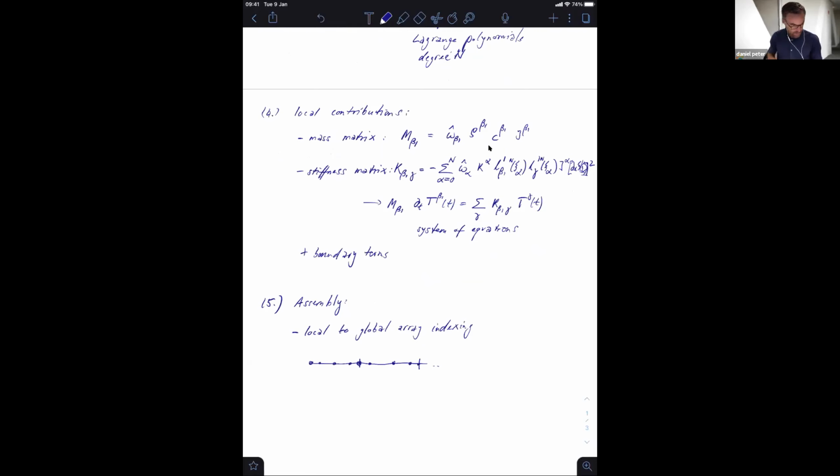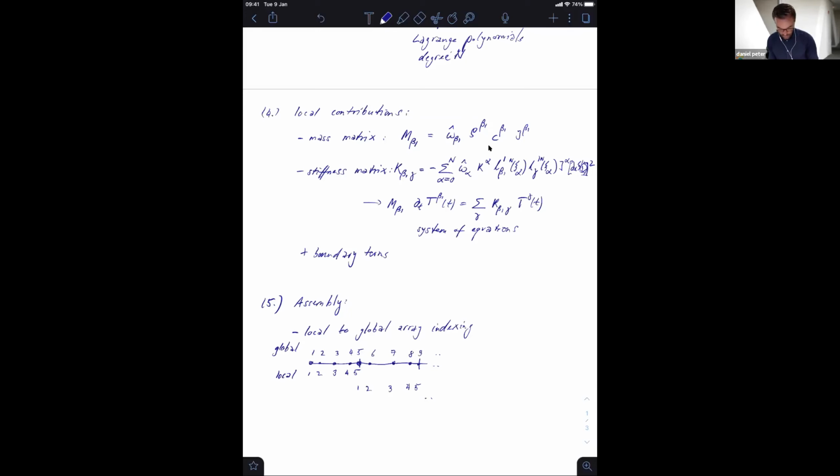Then we have these GLL points, which locally we can just index from 1, 2, 3, 4, 5. And then the next element, 1, 2, 3, 4, 5, etc. And globally, we just keep on indexing here, 1, 2, 3, 4, 5, 6, 7, 8, and so on.